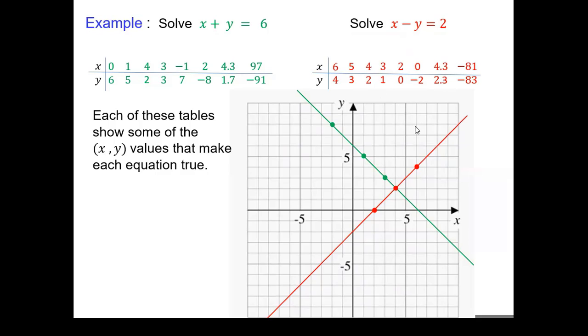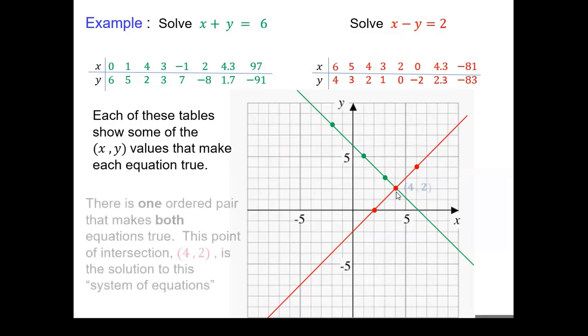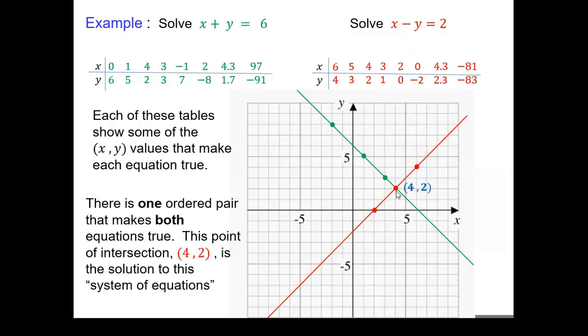But what we should realize is that there's one point right here where they cross, namely 4, 2, that's going to make both of the equations true. That is the solution to the system of two equations. So a system of equations is nothing more than two or more equations where we're trying to find out the values of the variables that make the equations true.